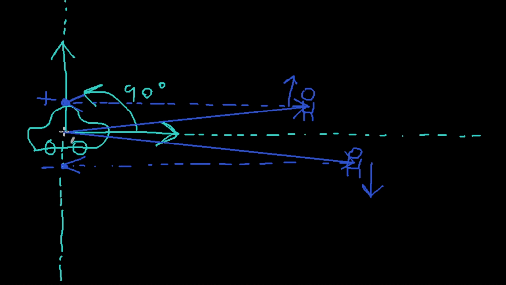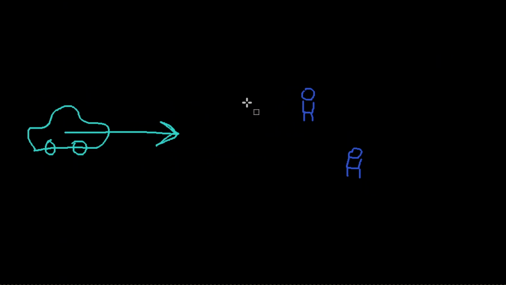So if it's positive, it means that the pedestrian is above this point. So that means that we need to move upwards. If we are negative, so down here, we know that we need to move down. Okay, so that's how you calculate which direction we need to move in.